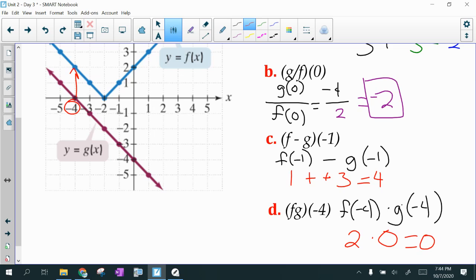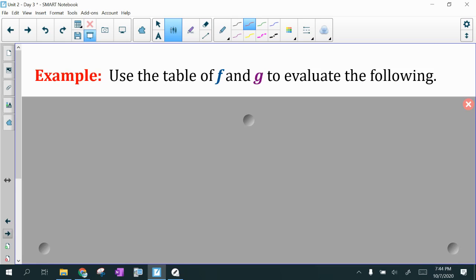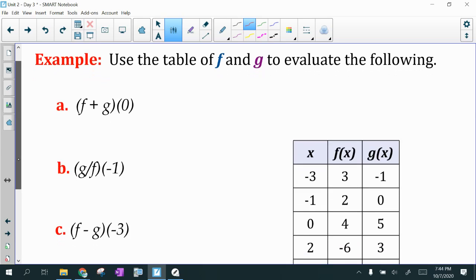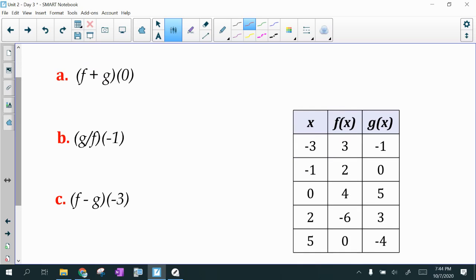What else could SAT throw at you to make life difficult? Well, they could give things to you in a chart form. And don't worry, this is just more of the same. They're asking you to do the same sort of thing, except that now it's in a chart form. So here we go. I'm now asked to find what is f of 0 plus g of 0.